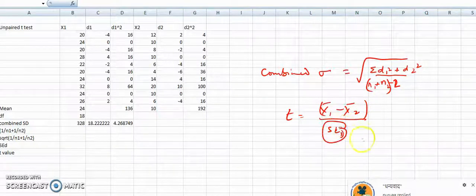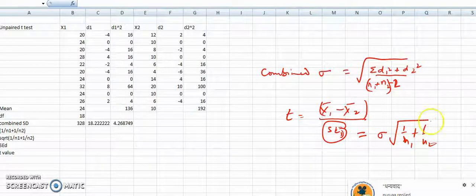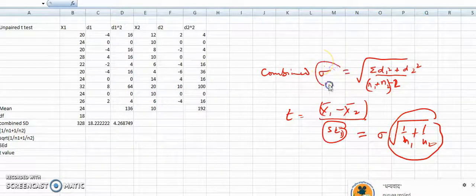For calculating this, the value was sigma into the square root of 1 by n1 plus 1 by n2. So we need to find out this. Then multiplying this with the sigma will give us this value.